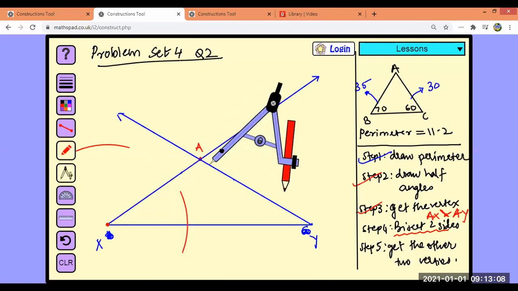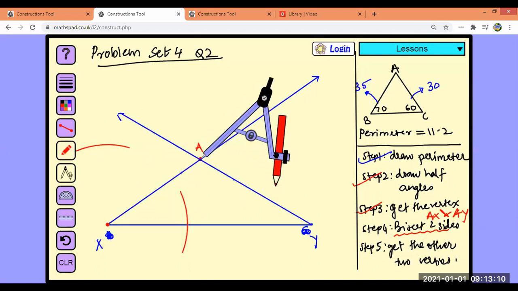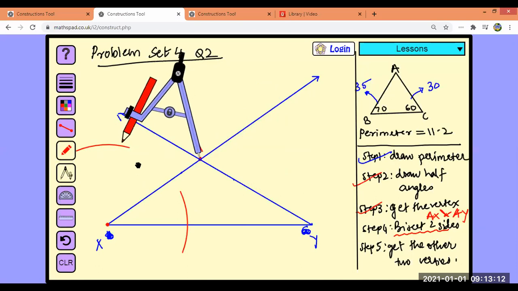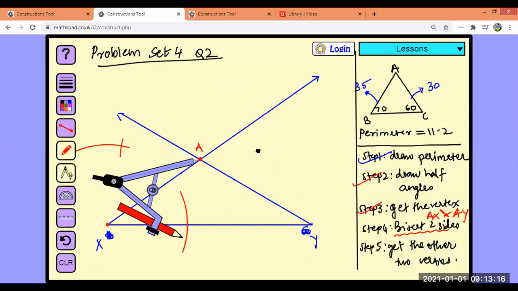Place the steel point on point A and try to cross out those two arcs using the same distance. Okay, there we have crossed out those two arcs, and joining these two points, we get the perpendicular bisector. So that's perpendicular and bisector, meaning both the sides are equal, right?